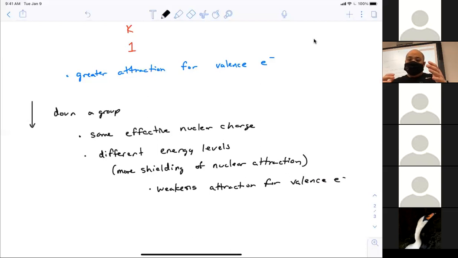And so you have to make sure that in your explanations you address the same and you address the different, and that's how you can come to a conclusion. So don't assume, oh, they know that they're in the same period, so they must have the same energy levels. No, it's your responsibility to say, I can make this comparison because they have the same energy levels and they have different effective nuclear charges. So you have to address both things, the same and the different.